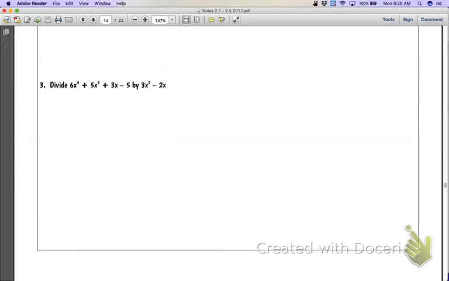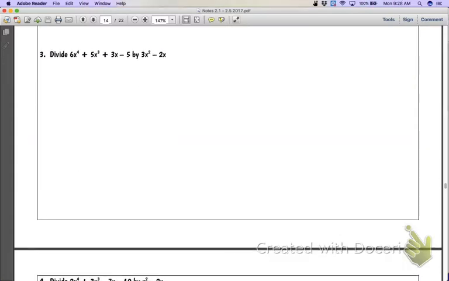Now, I don't think I'm going to have enough time to get through the third one, but really just to make sure you can set it up. I don't have a choice on this one. I have to use long division. Now, the problem here is, what am I missing? I'm missing an x squared.